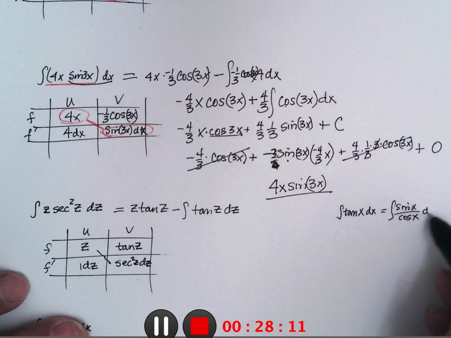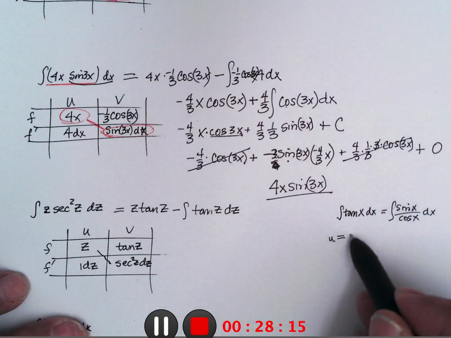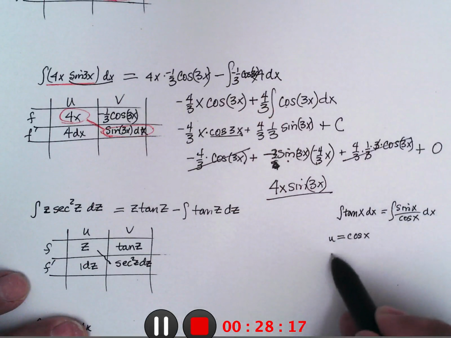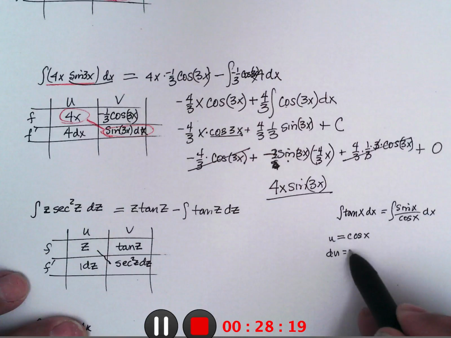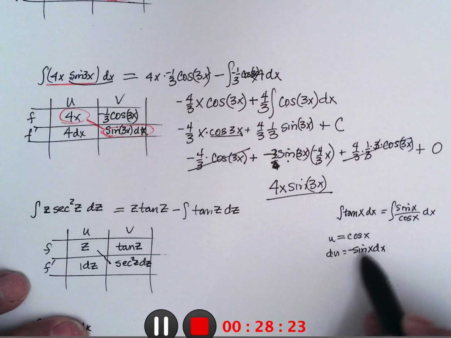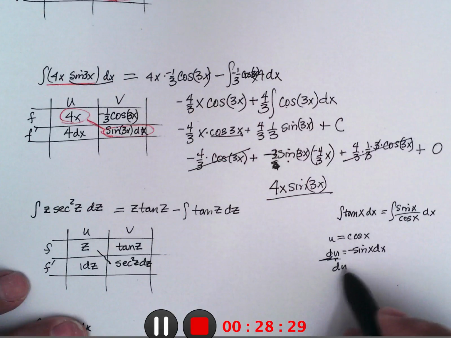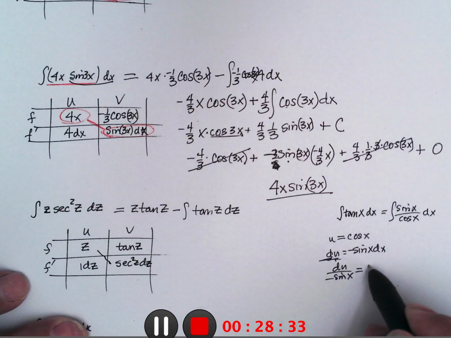Let u be the cosine x. du would be negative sine x dx. So I divide by the sine, and I get du over negative sine x equals dx.